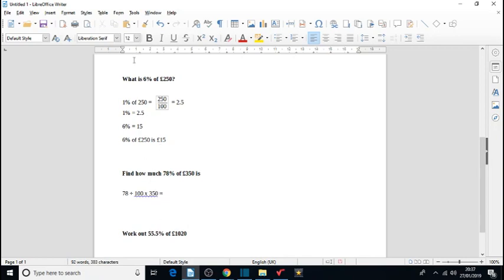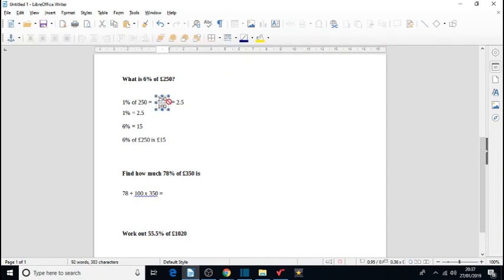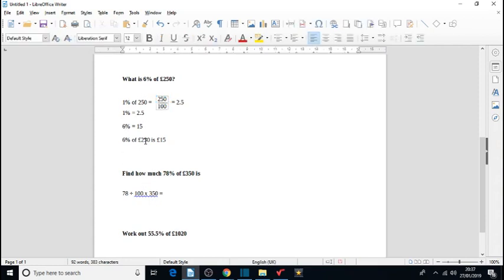And if you look at the previous methods, there's a slight parallel in this step: we divide by 100 and then we multiply. With the unitary method, we divide the value by 100 and then multiply by the percentage. In this case, we divide the percentage by 100 and multiply by the value.